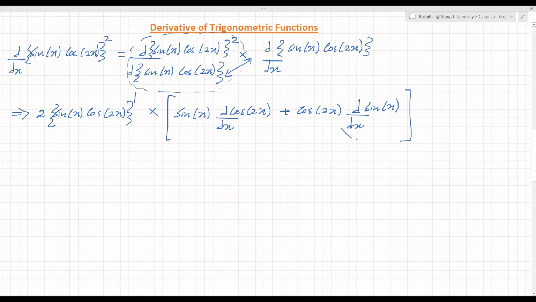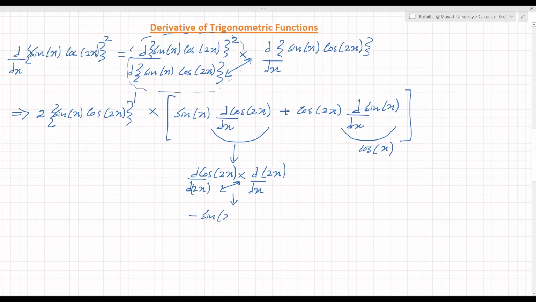Now if you look at this part, this is pretty straightforward. d/dx of sin x is going to be cosine x. And then for this one here, we have to use the chain rule again. So I will show it to you here. That would be d2x. I'm going to construct that since you have 2x inside this function. And then I'm going to cancel what I have constructed, 2x, and have my original dx there. So this is my chain rule. So d/d2x of cos 2x would be minus sin 2x multiplied with d/dx of 2x, which would be 2. So that's going to be my answer.